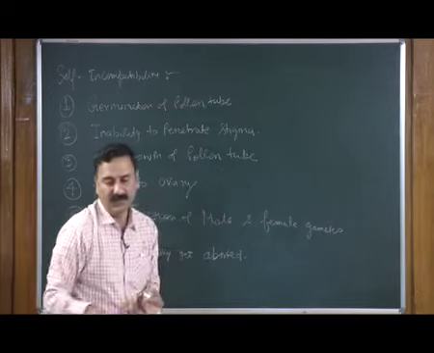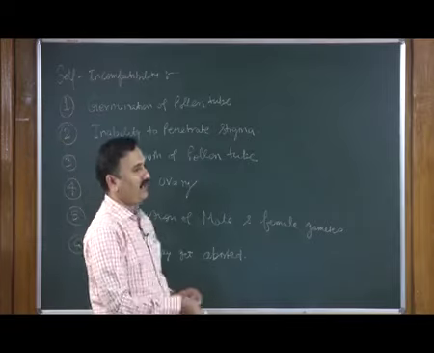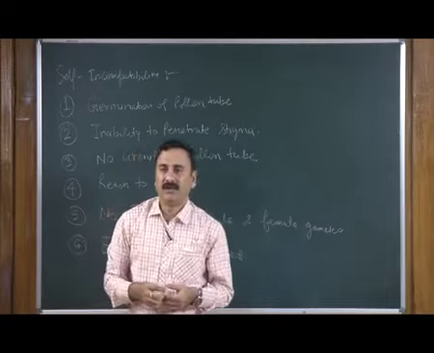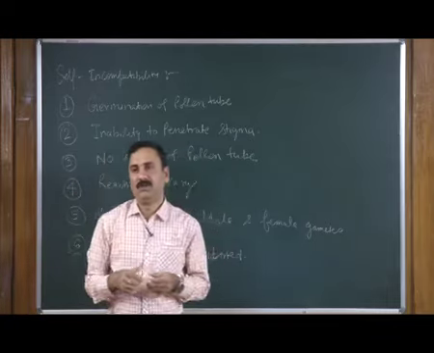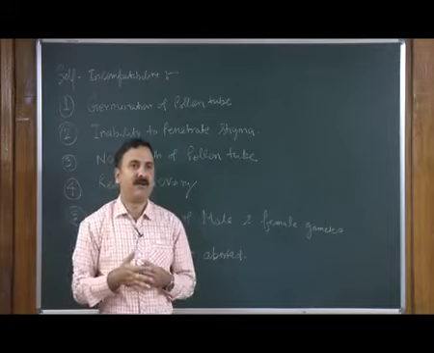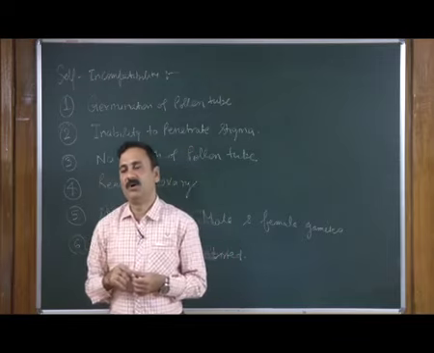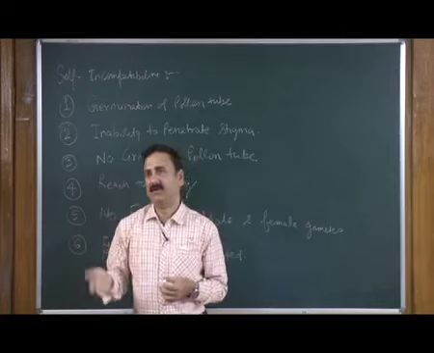So, these are the multiple steps at which self incompatibility may take place, and the plant may not allow the self pollination within the same individual, and this is actually a mechanism to let the plant evolve into a newer and better species.